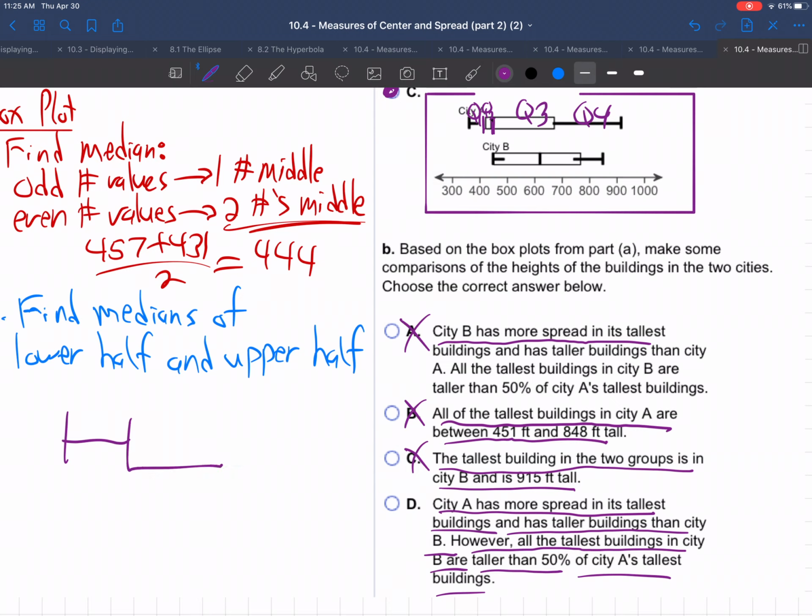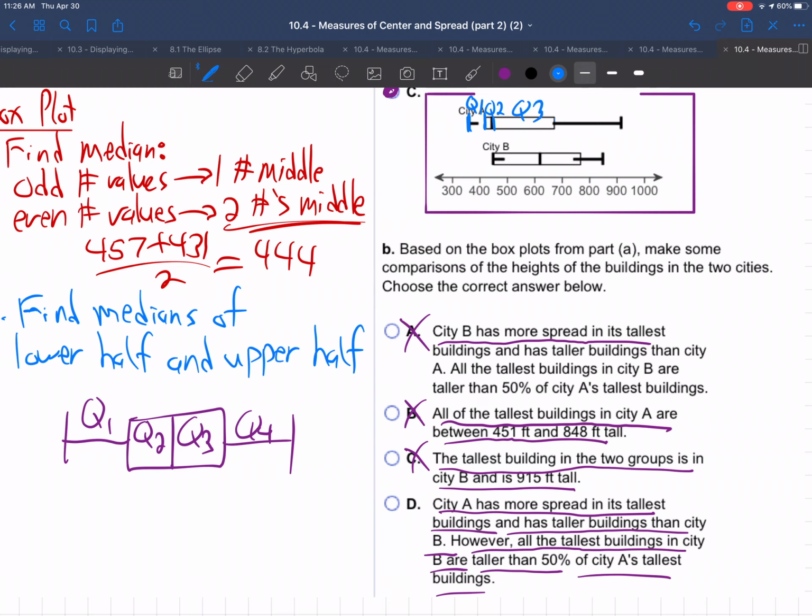So when you have, let me spread it out better to show it, and you put a line, here's the first quarter, second quarter, third quarter, fourth quarter. When you do a box plot, it's like a football game or basketball game, breaking it into 4 quarters. So for City A, from the edge of the box there to here, that's the lowest quarter of all of the heights of the buildings in City A. And then this next part is Q2, between there and there.